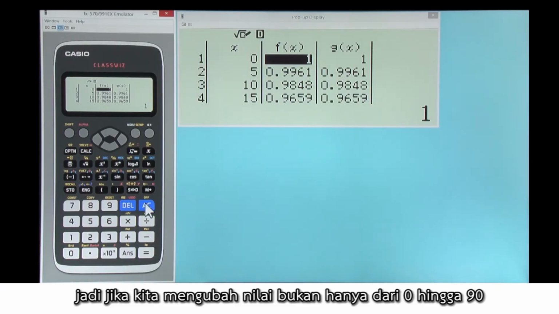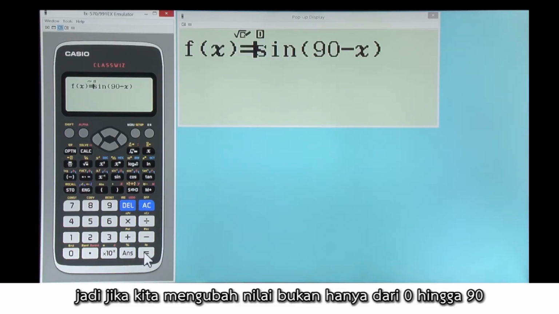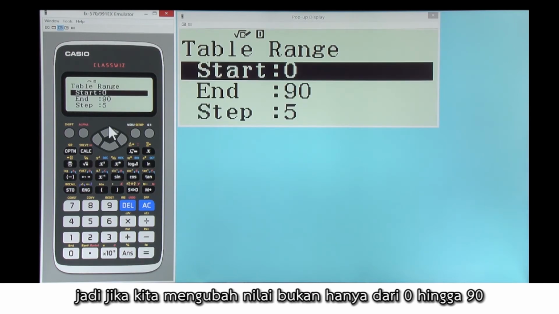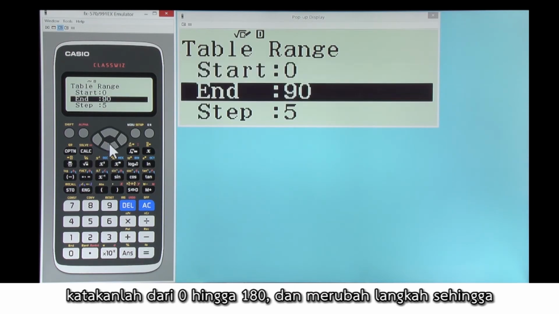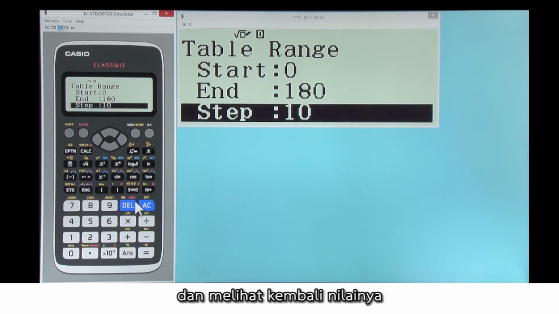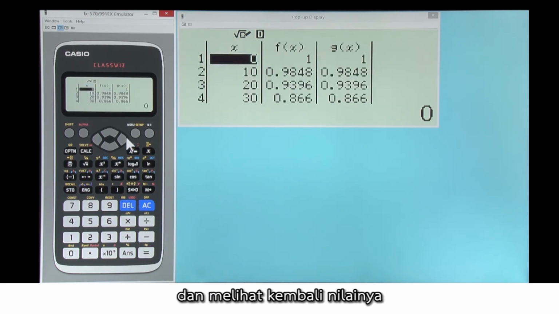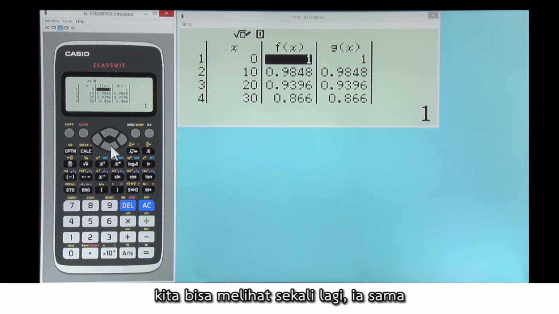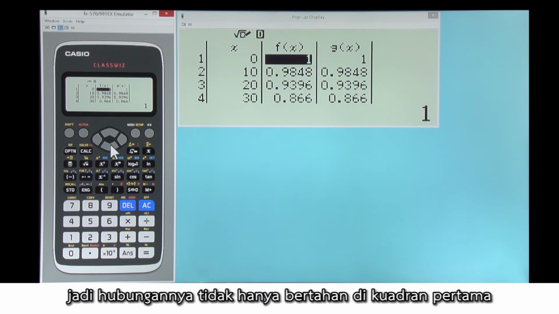So if we change the values not just from 0 to 90, but say from 0 to 180, and change our step so that we get the values in correctly, and look at the values again, we can see once again they are the same. So the relationship doesn't just hold in the first quadrant.